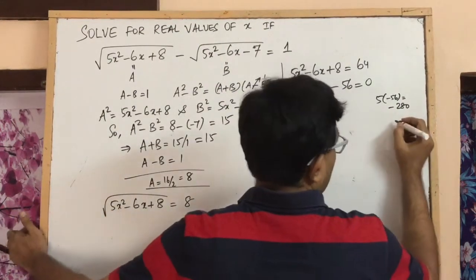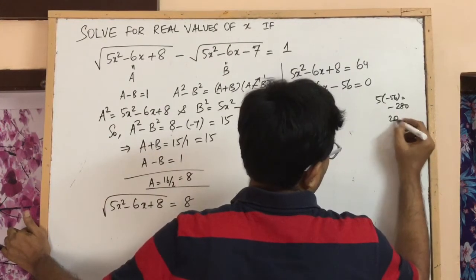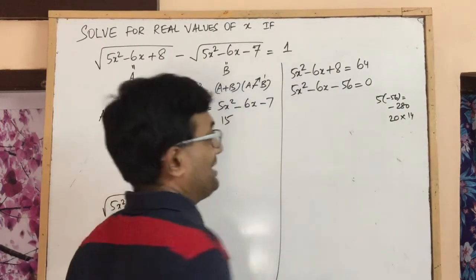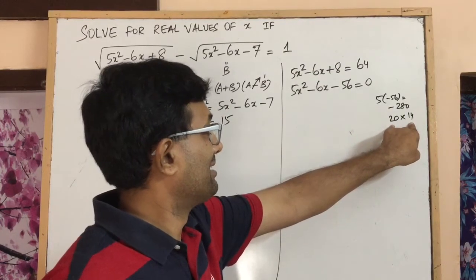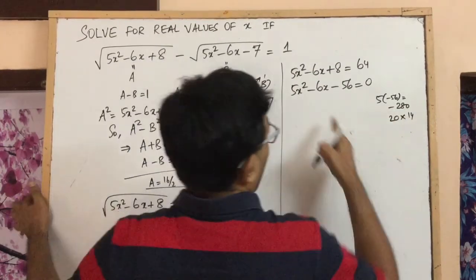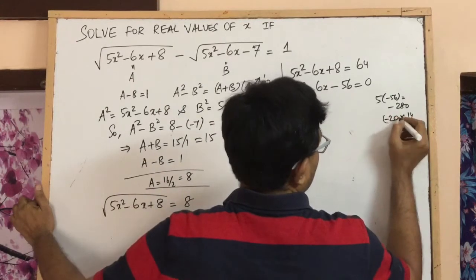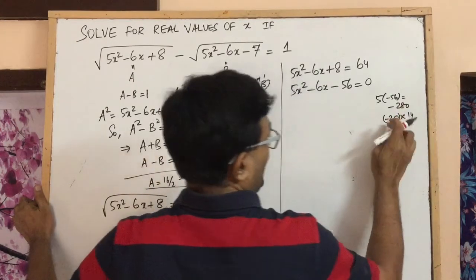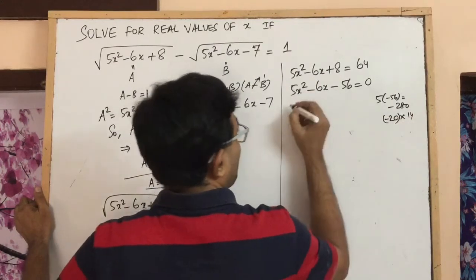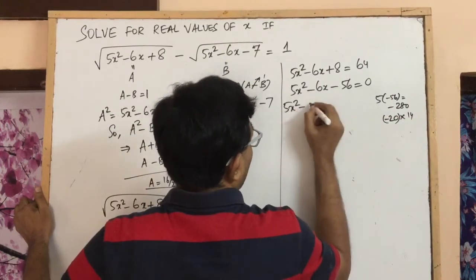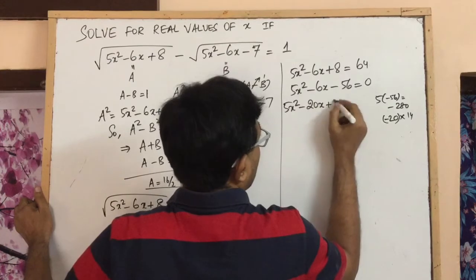Let's say we wrote 280 as 20 into 14. So 20 times 14 is 280, and we want minus 6, so we could rewrite this as minus 20 and plus 14. Minus 20 times 14 is minus 280, and minus 20 plus 14 is minus 6. So we could rewrite it this way.